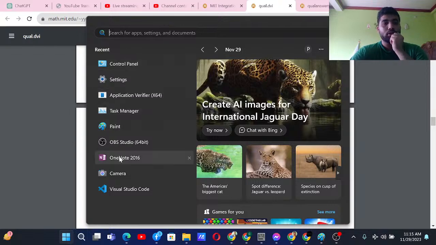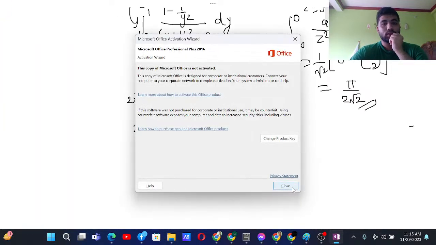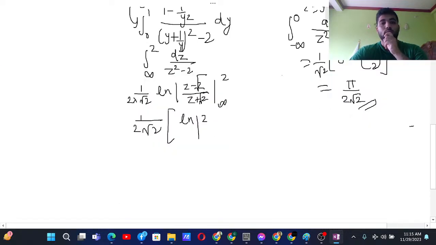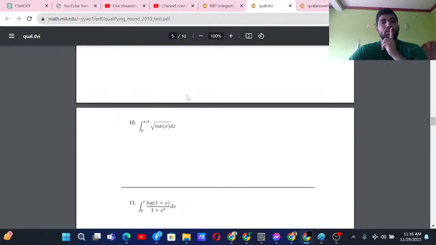So at infinity this is just 1, since these two are equal, so ln of 1 is 0, minus 0. And I think this is the answer.